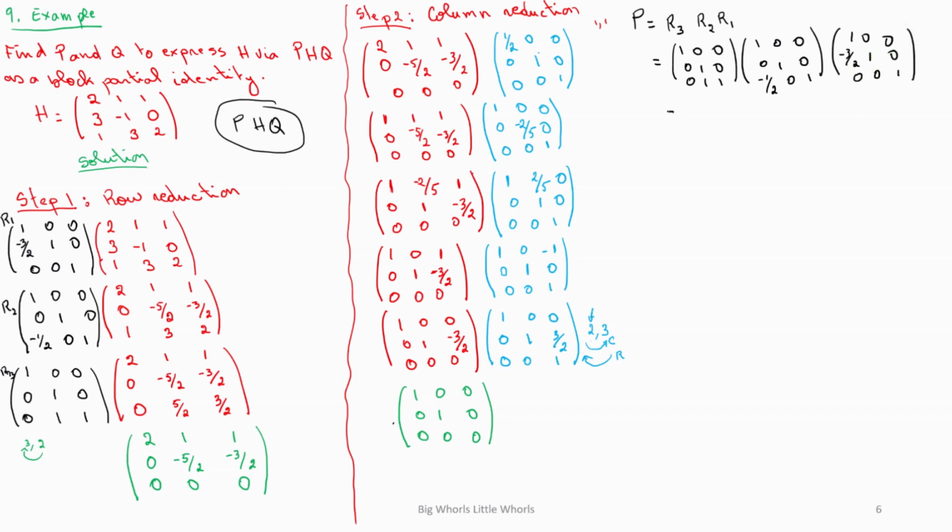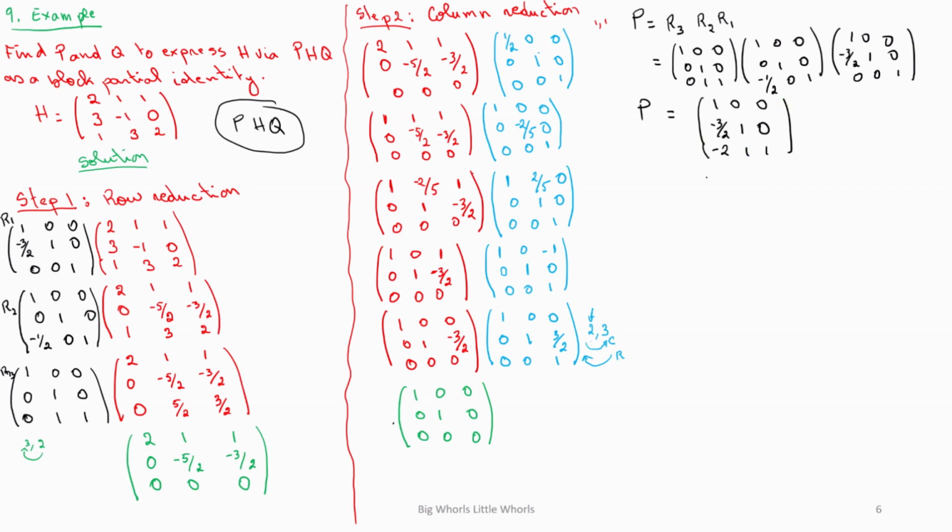If you multiply them all together, you will see that P equals 1 0 0, minus 3 over 2 1 0, minus 2 1 1.